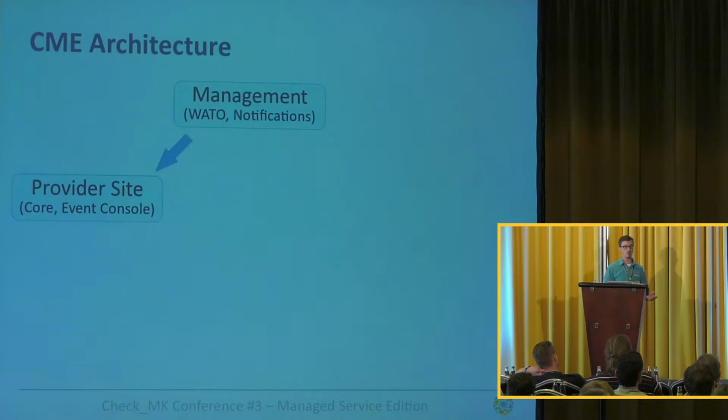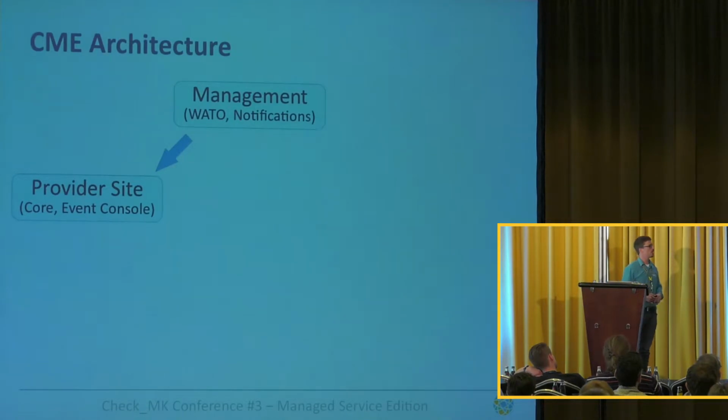Then as a provider, I may have systems that I want to monitor myself, so my own systems, central components. The customers may be reliant on those, so right now they have to be monitored at a separate site. So I have a central configuration site and a monitoring site for myself.